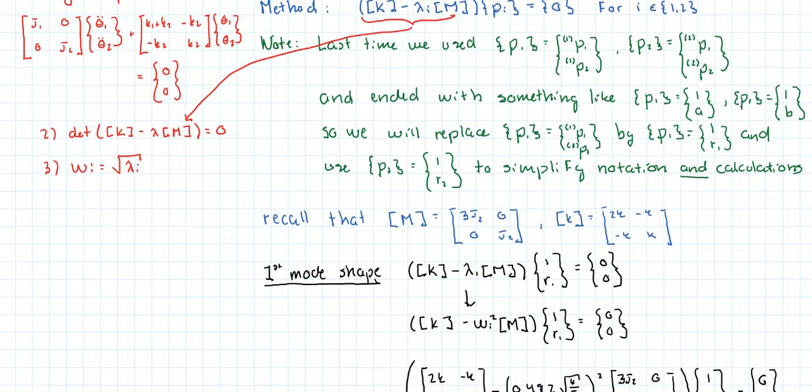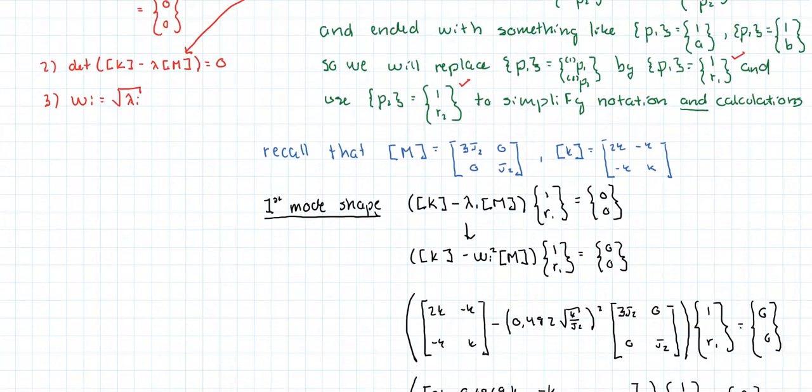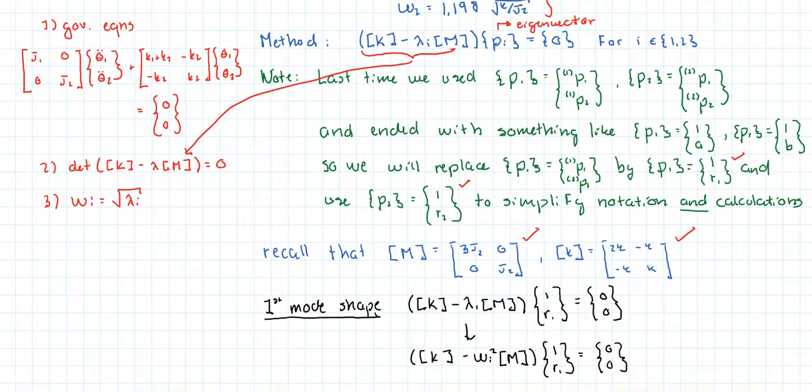So what we're actually going to do is simply right off the bat say that the eigenvectors have this form over here, and what you're going to find out is that it's going to simplify the notation, and it's also going to simplify the calculation. Alright, also last time we found that the inertia matrix was this guy and the stiffness matrix was this guy over here.